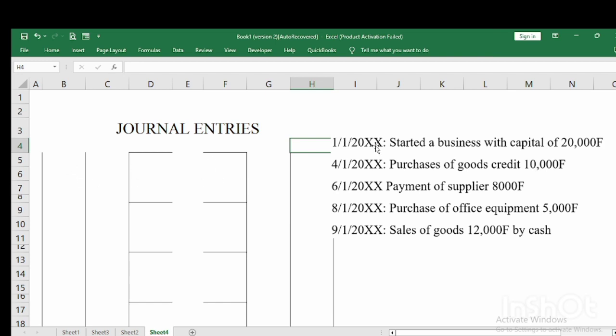Alright, so the first transaction goes: started a business with a capital of 20K. So cash is involved, which is 571, head office cash, with an amount of 20K.